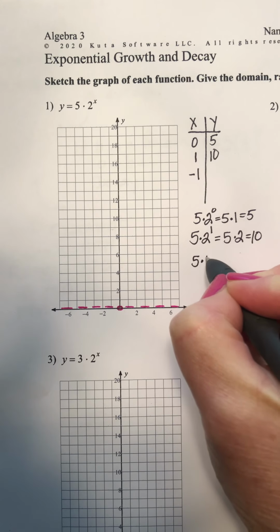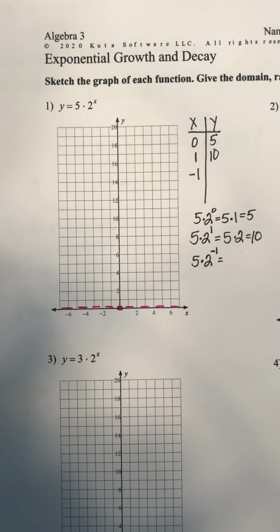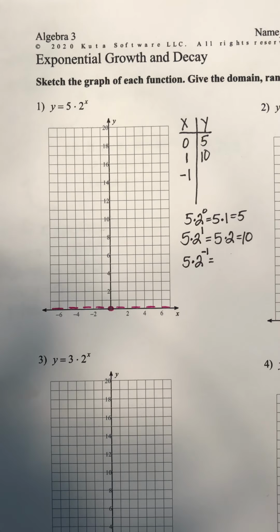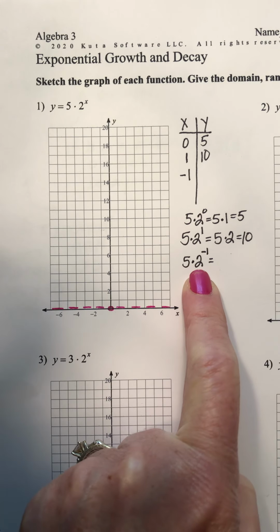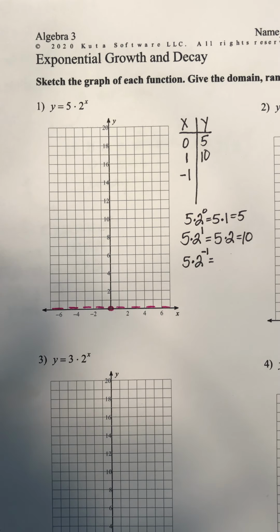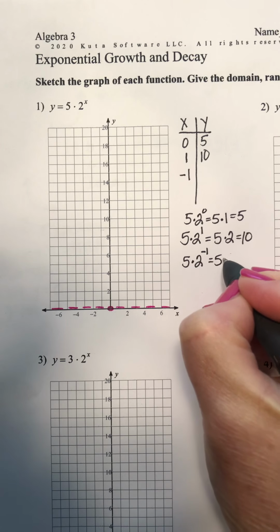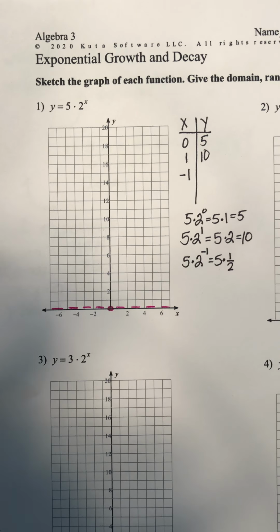So it's going to be 5 times 2 to the -1 power. Well, there's a little shortcut here. If you have a -1 exponent, the base is actually just going to be flipped over. So if your base is a whole number, when you raise it to the -1 power, it's going to flip it and make it 1/2. So that's going to be 5 times 1/2.